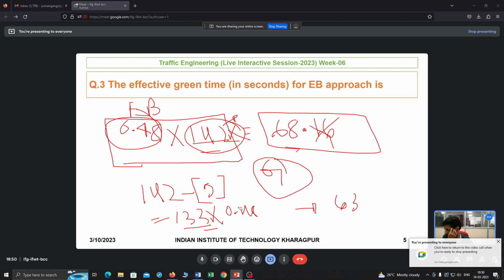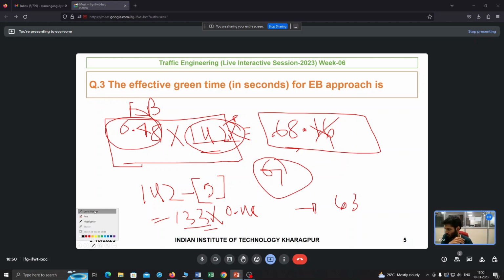Okay, so because it's a ratio of 0.48 by 0.86, this is the ratio, right?